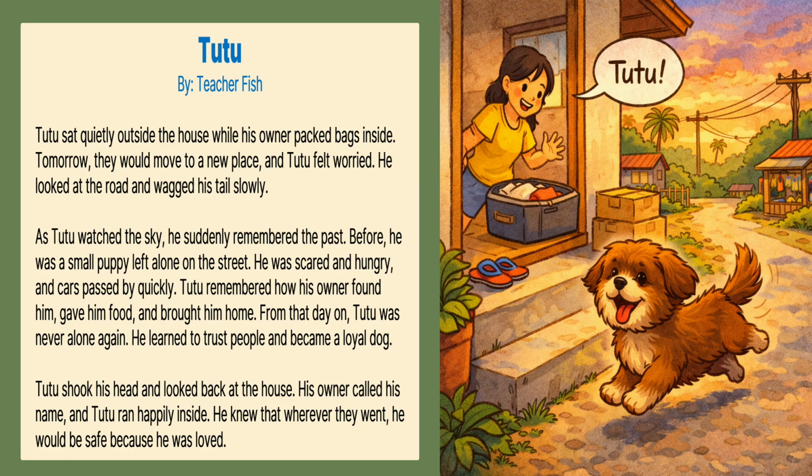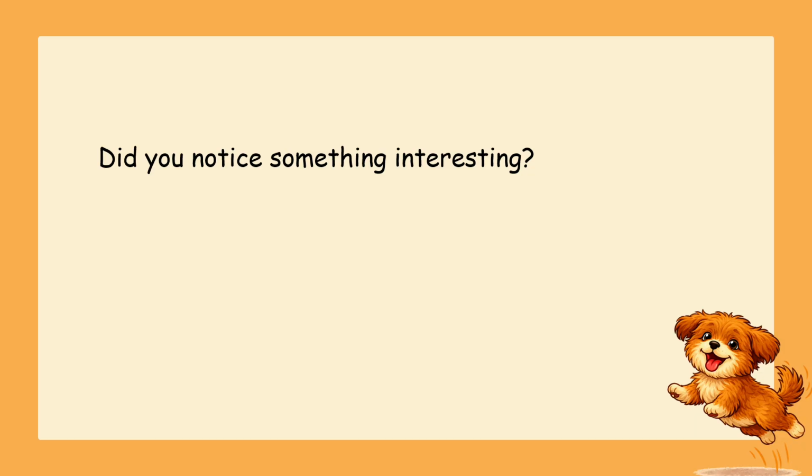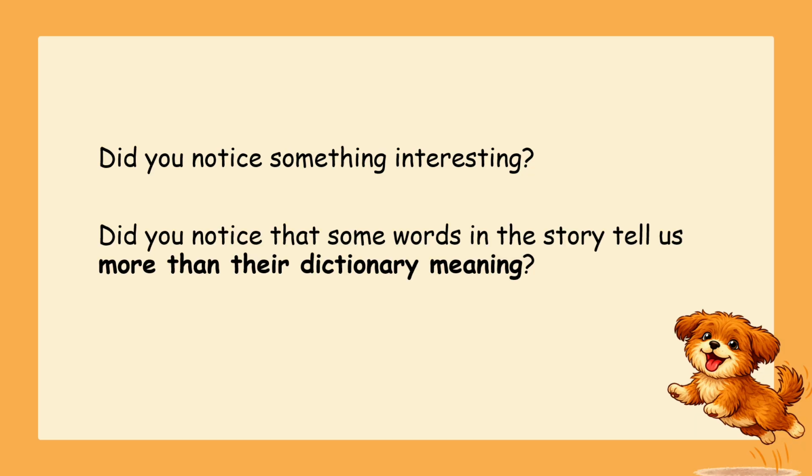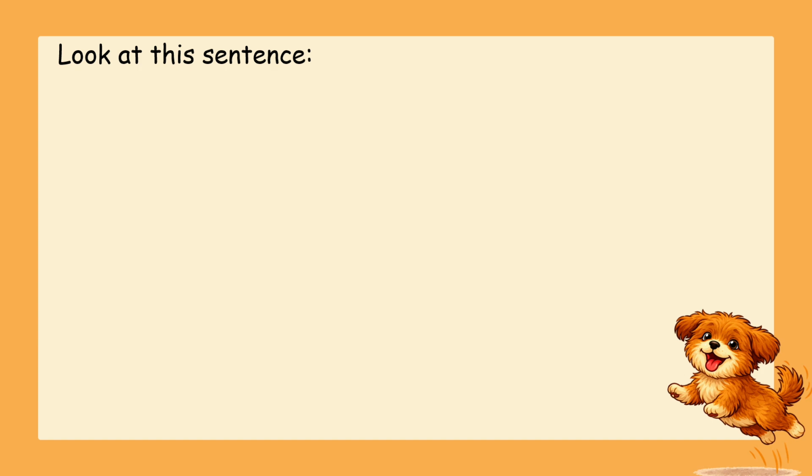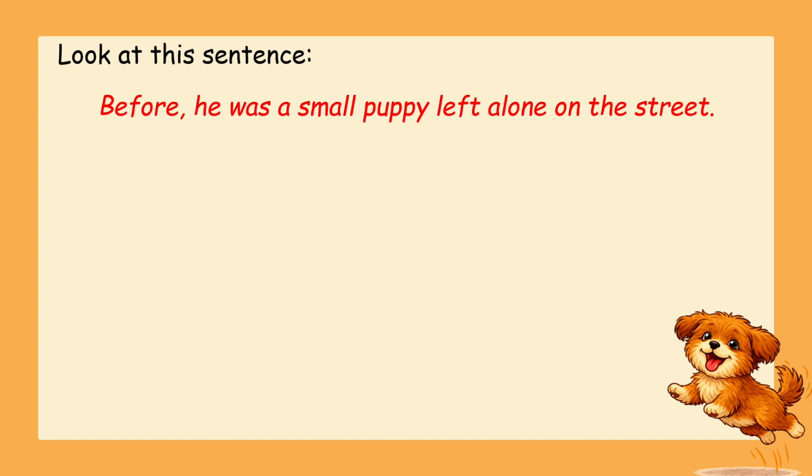While I was reading, did you notice something interesting? Did you notice that some words in the story tell us more than their dictionary meaning? Let us look at this sentence together. Before, he was a small puppy left alone on the street. Let's think carefully.